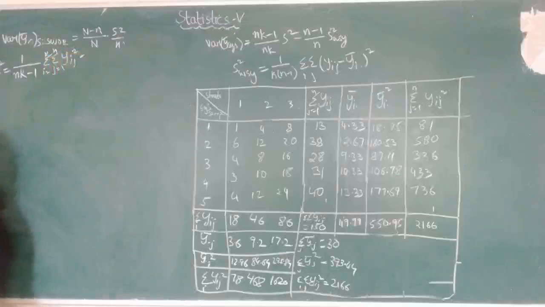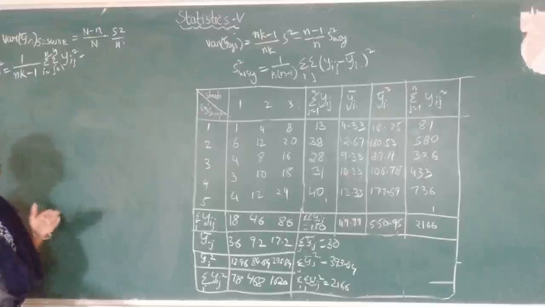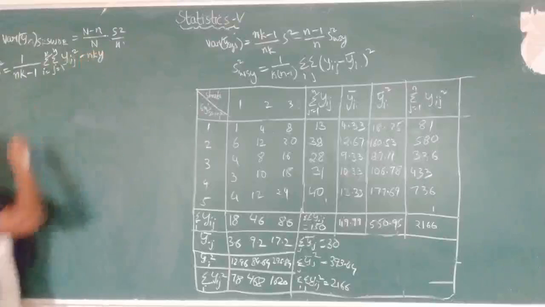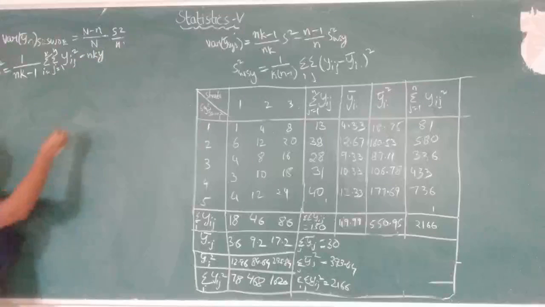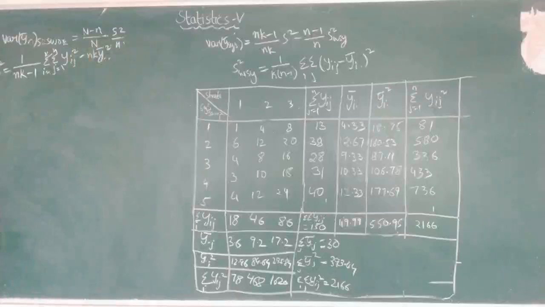what is the s square formula? Capital N into y bar square. So here capital N means n into k, into the mean value, that is y double dot bar square. So we have to calculate the y double dot bar also, that is the population mean. So what is the formula for y double dot bar?